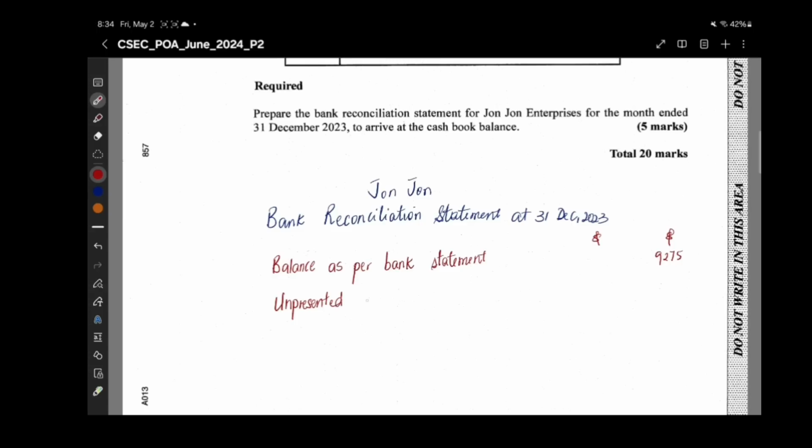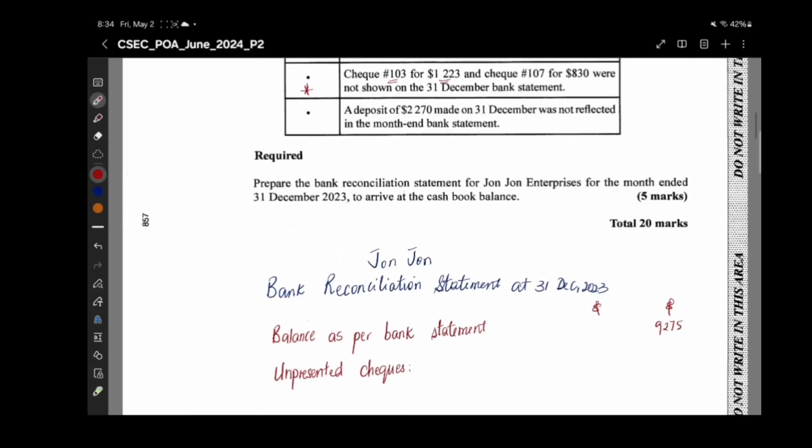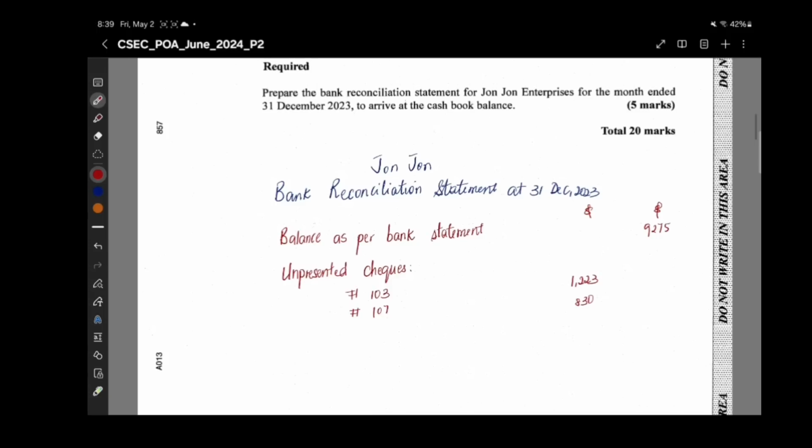We say checks because we have two and we do not have names, we have numbers. So you have number 103, and this is $1,223, and we have number 107, which is $830.